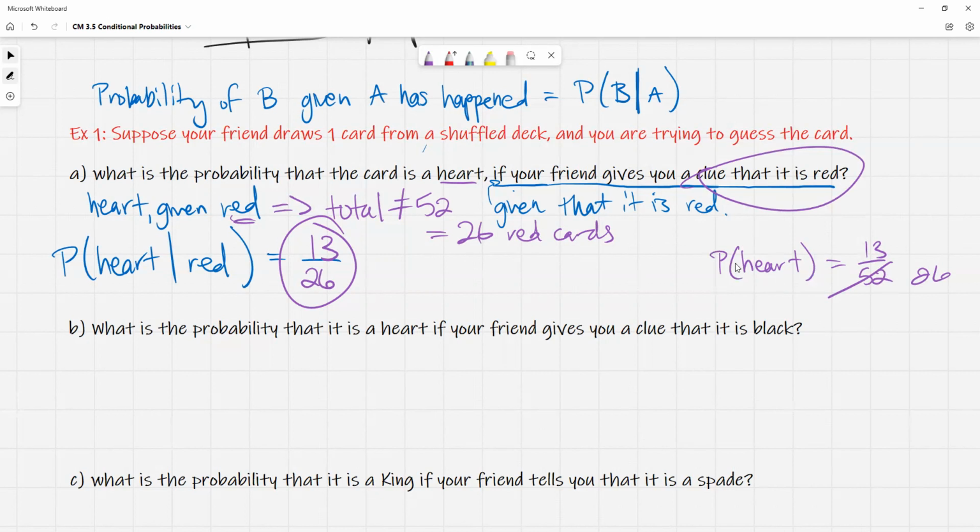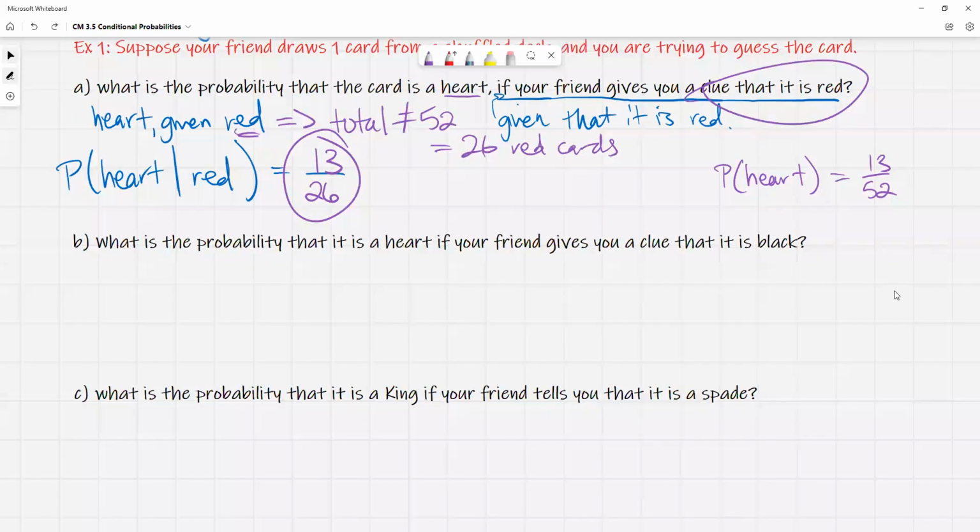Because the probability of heart was just 13 out of 52. And I'll erase this right here, that way it's not confusing. The probability of getting a heart was just, the denominator was 52. But now that I have heart given red, it's 13 out of 26. That's an example of two dependent events because the probability of heart changes when red happens, okay?